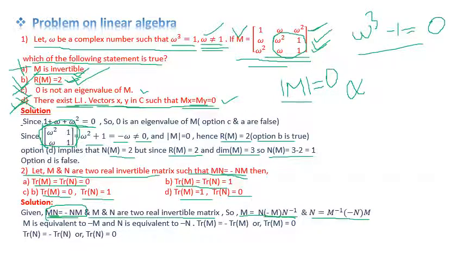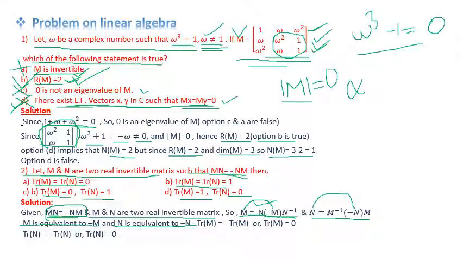From the first operation, M equals N of minus M N inverse, this M will be equivalent to minus M, and similarly this N will be equivalent to minus N, from the definition of equivalence of two matrices, right? So here I am applying the definition of equivalence of two matrices. So M is equivalent to minus M and N is equivalent to minus N.